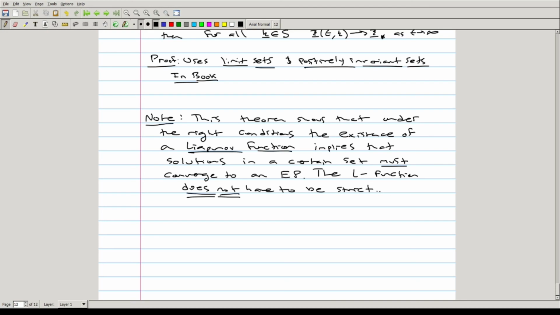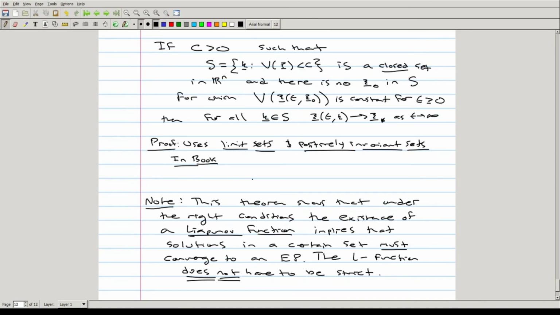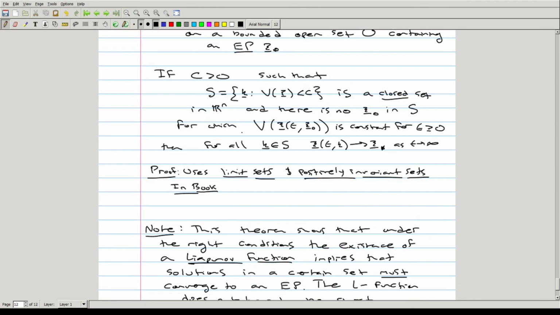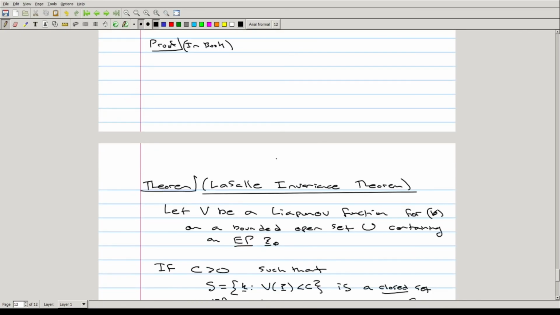So this is actually going to resolve the problem that we came up with before when we were investigating the stability of the critical points of the pendulum problem. This last statement makes this a weaker theorem, but it makes it better for us to use in general. It's more useful because it requires fewer assumptions on the Liapunov function.